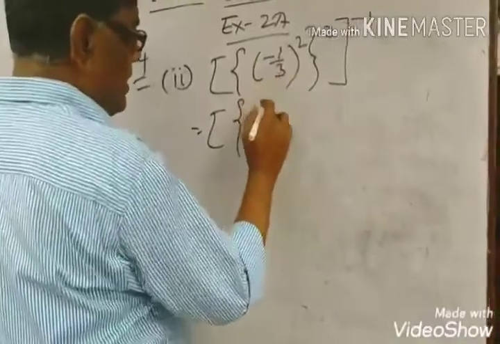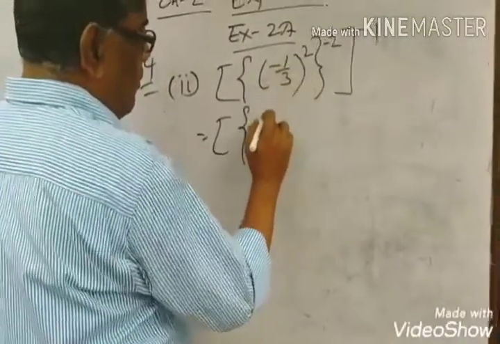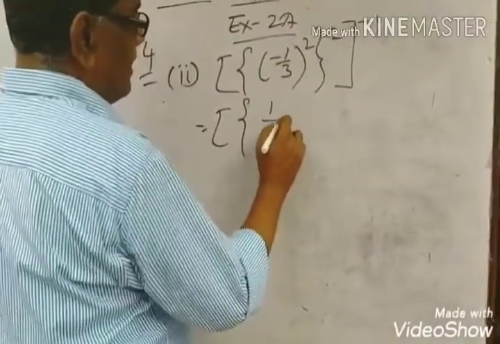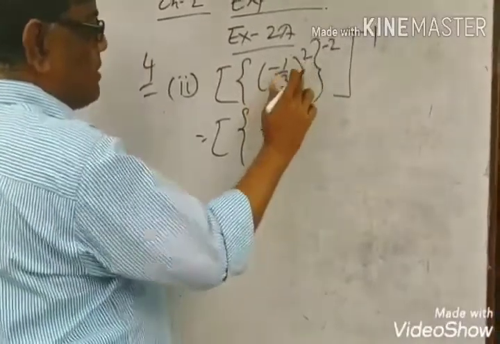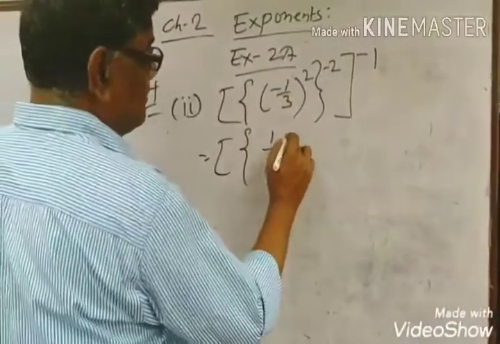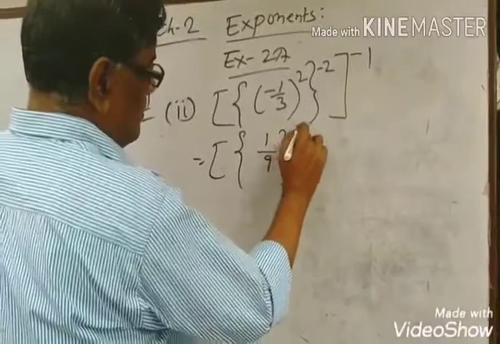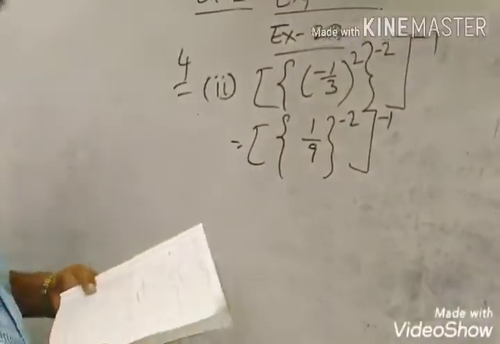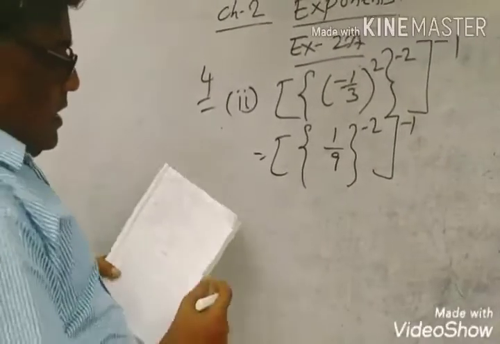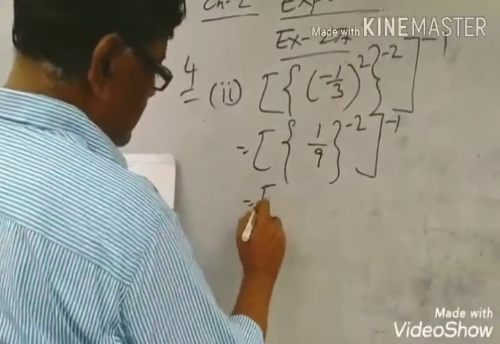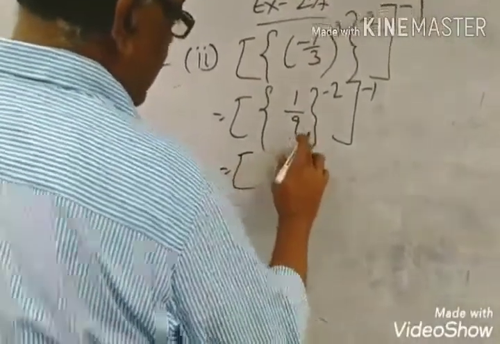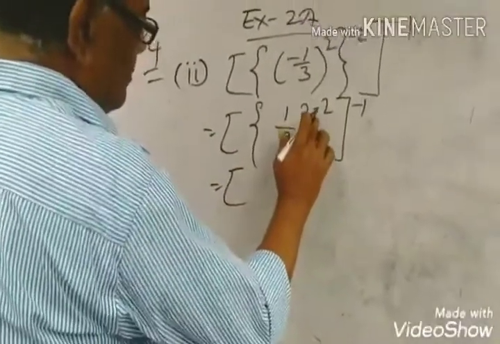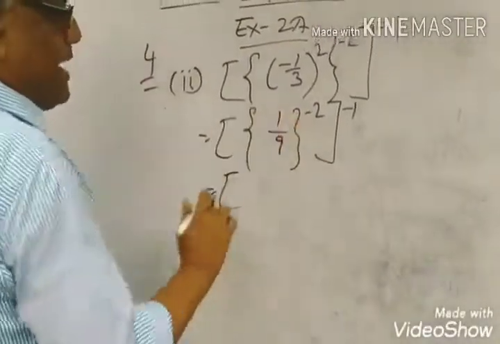That means 1 by 9. Next, second bracket, (1/9) to the power minus 2.